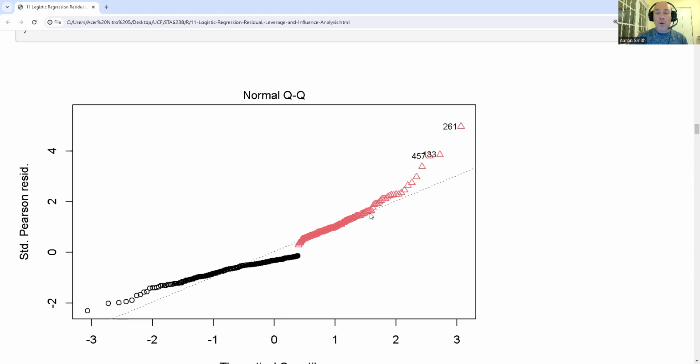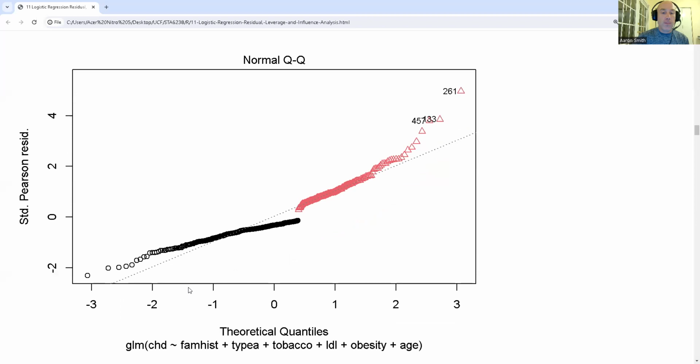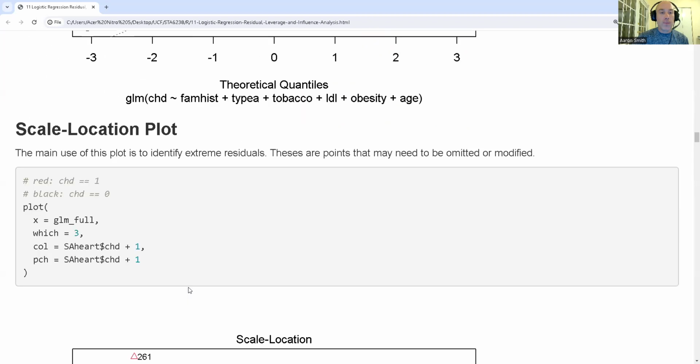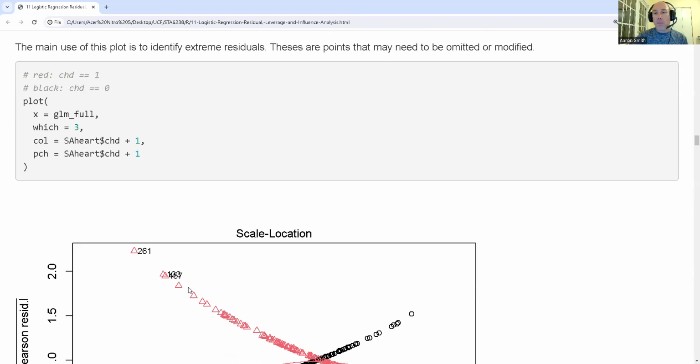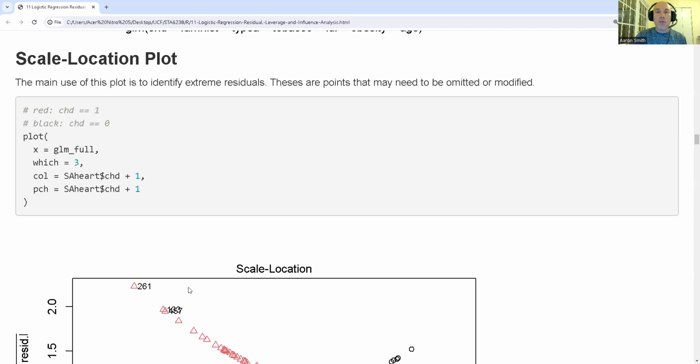And we can see the ones with chronic heart disease and not heart disease over here. And we have no assumption about the distribution. This is clearly not normally distributed, but that's fine. That's not an issue because we don't have the assumption of normality. So really that plot just says, hey, your residuals are not normally distributed, but we didn't assume that anyway. That's really not an issue.